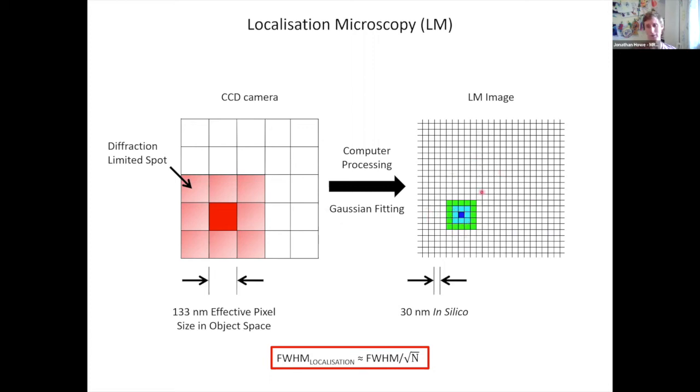So every spot is represented by a blob with a Gaussian profile, and the size of that blob and the intensity is linked to the localization precision. And this ensures that poorly localized molecules don't contribute too much to the appearance of the image. So poorly localized molecules will be represented by a broad, dim spot, and very well localized molecules where many, many photons were collected are represented by a more narrow, bright spot.